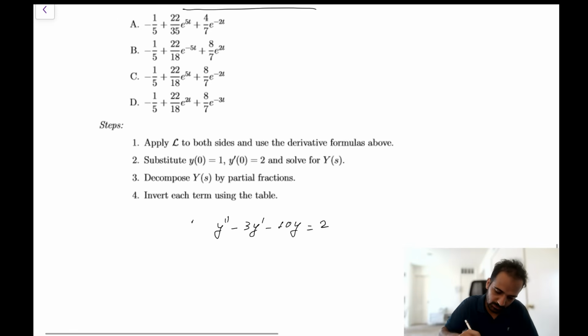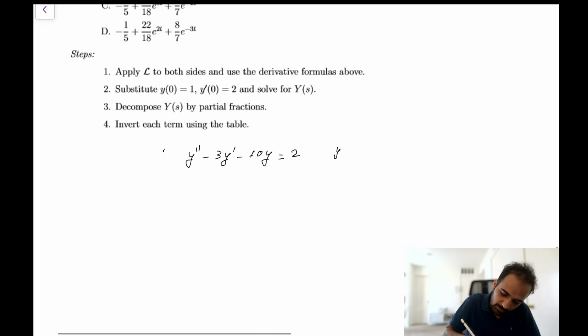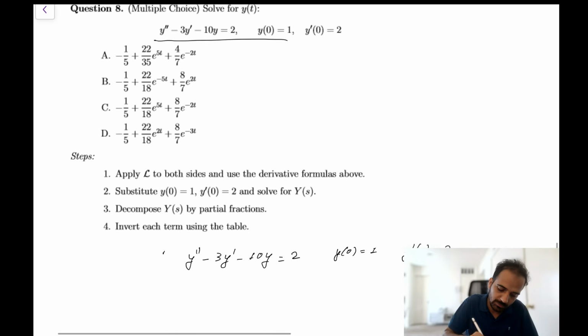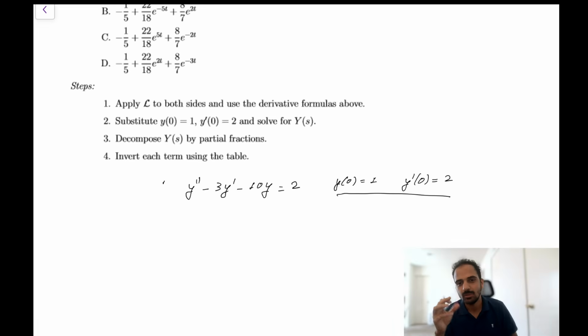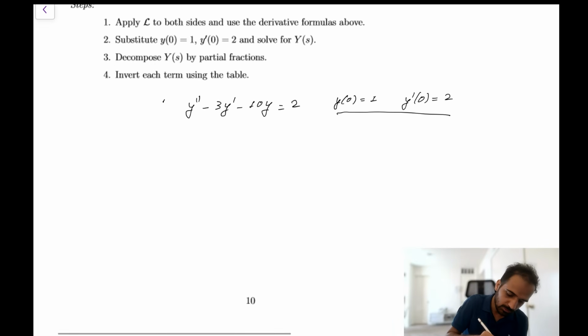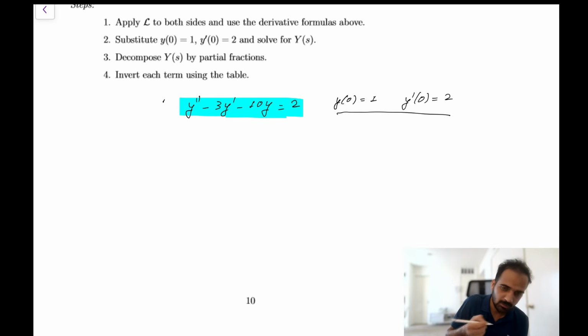Here the conditions are the initial values: y at 0 is 1, and y prime at 0 is given as 2. Okay, these are the conditions that will be used to get the values of the constants of the homogeneous solution.